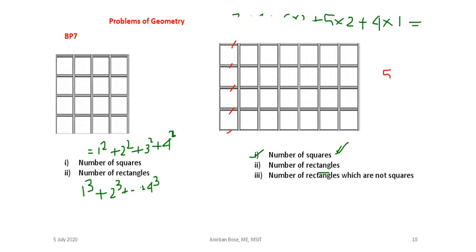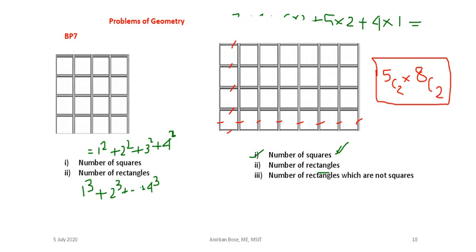How many ways can we select 2 out of them? So 5C2. And how many vertical lines are there? 1, 2, 3, 4, 5, 6, 7, 8. Out of 8 vertical lines, we can select 2 in this way. So this will be the answer for the total number of rectangles.